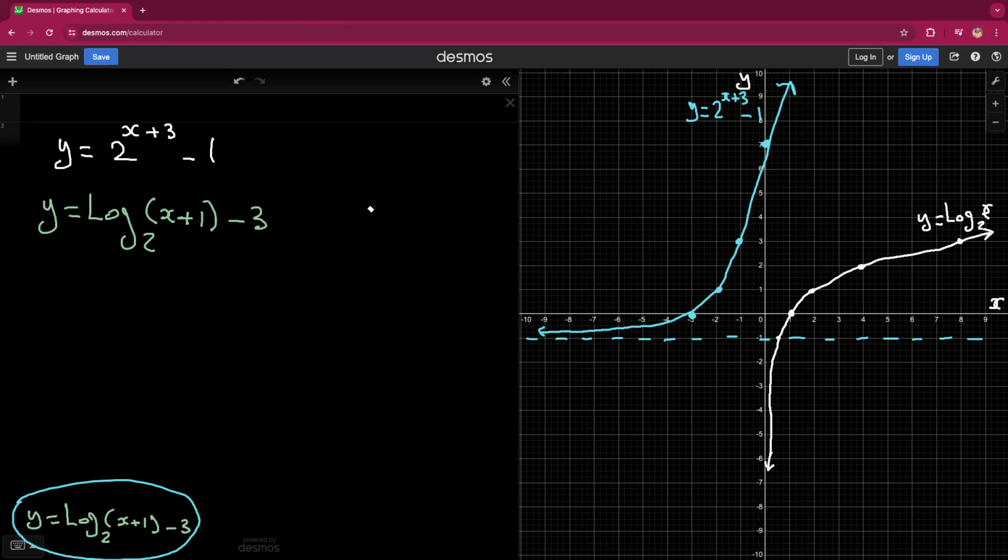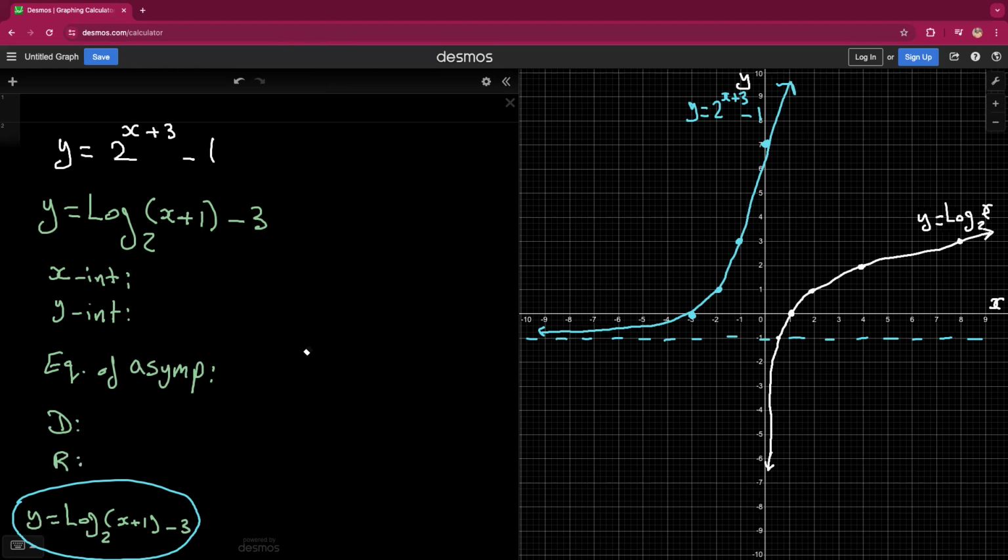And after that, again, let's write down the things we're supposed to find. So we want to find the x-intercept, y-intercept, equation of the asymptote, and then we're going to tell the domain and range.